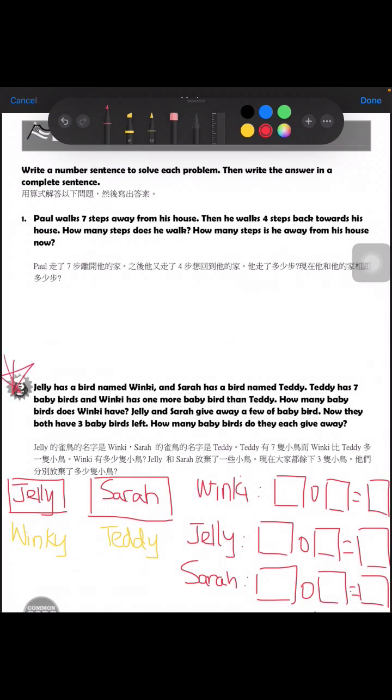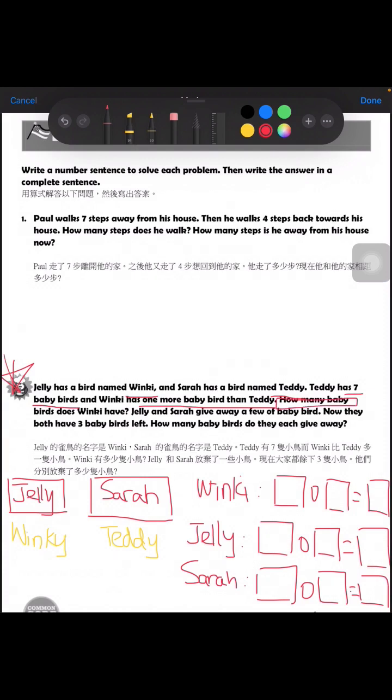Jelly has a bird named Winky. And Sarah has a bird with another name, called Teddy. So Teddy has 7 baby birds, and Winky has 1 more baby bird than Teddy. So here comes the first question.